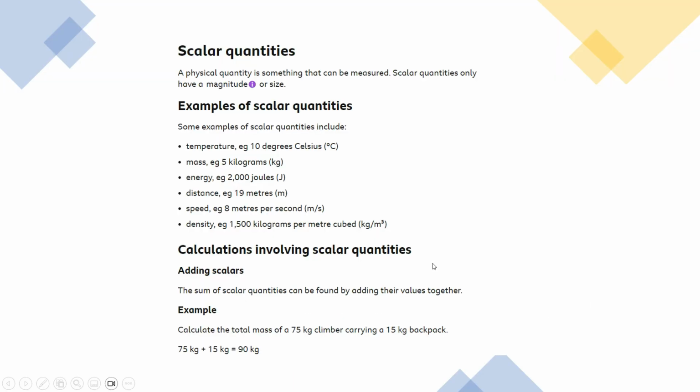Now in the first portion we are going to learn about a scalar quantity. First we have to understand what a scalar quantity is. As you can see, a physical quantity is something that can be measured. A scalar quantity only has a magnitude or size. What does that mean?